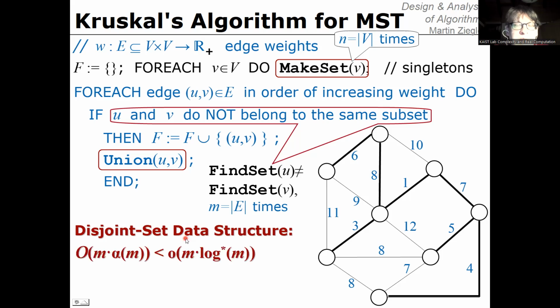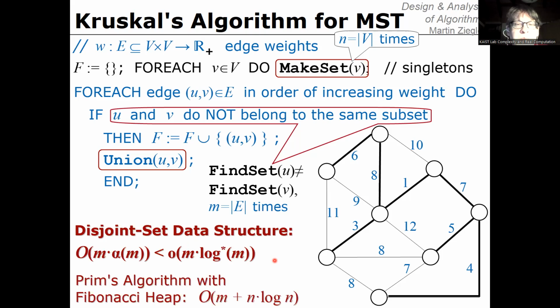So here is the result that we're going to design and analyze: the amortized cost of a disjoint set data structure with amortized cost alpha of m, alpha denoting the inverse Ackermann function, and it's such a slowly growing function that it grows even more slowly than the log star function. That's our plan for today.